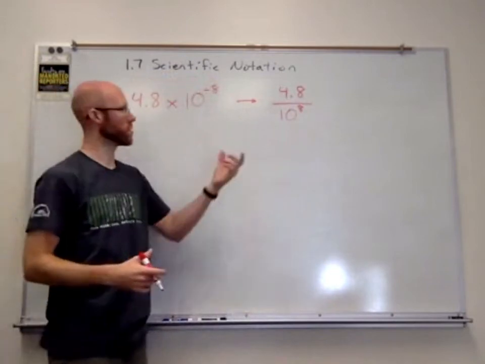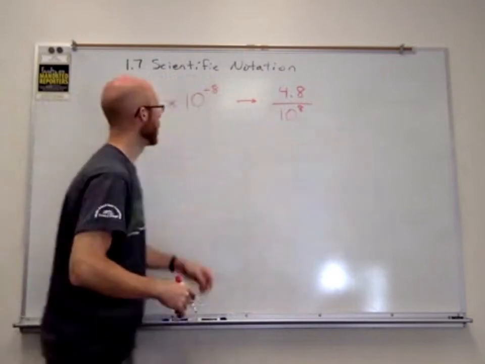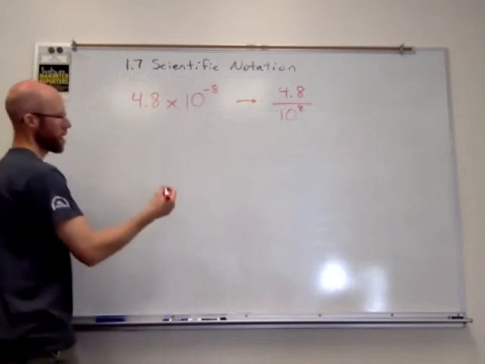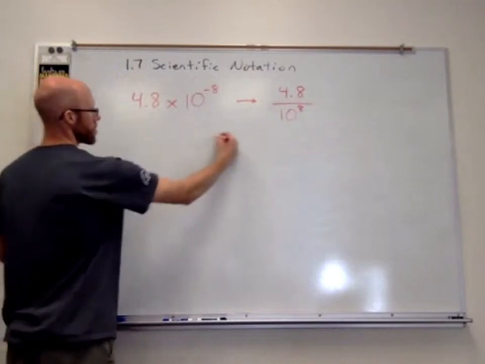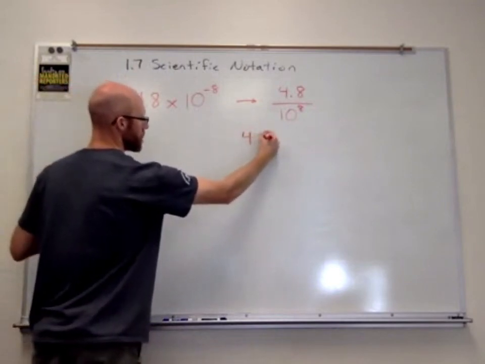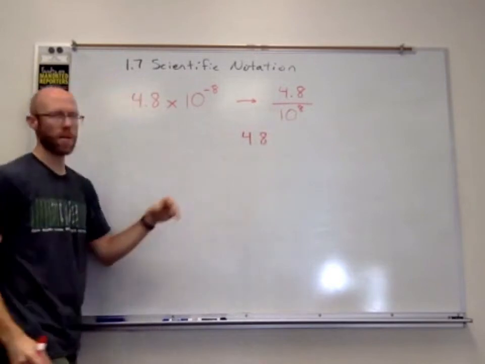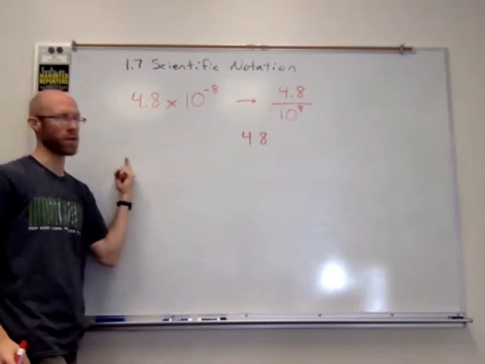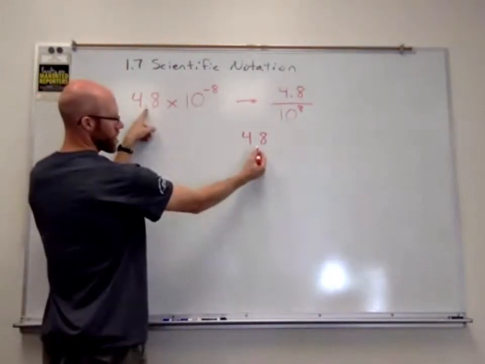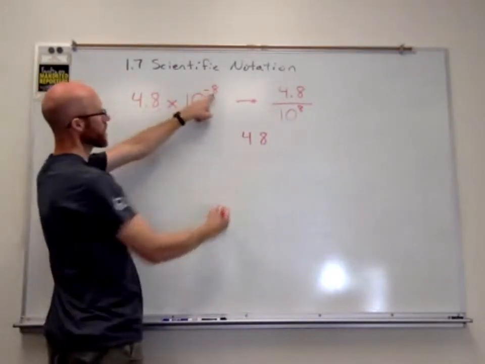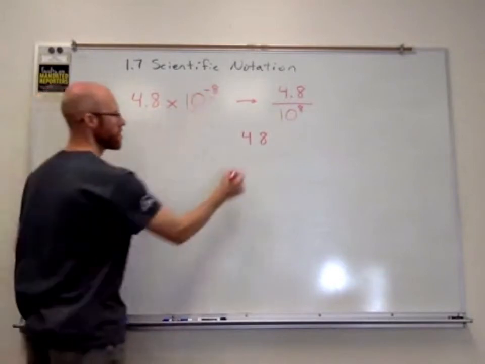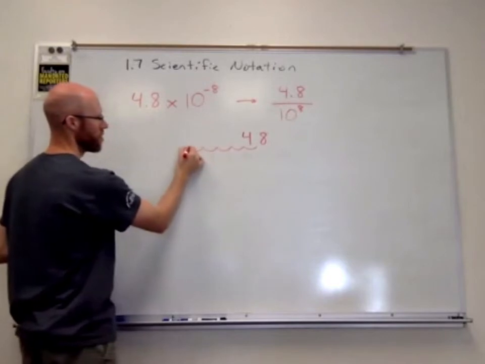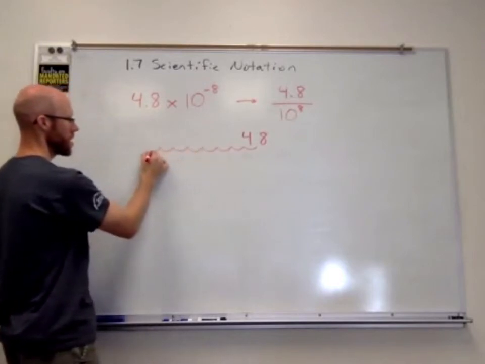So instead of writing all that out, we could move the decimal to put it back into standard form. So I'm going to put the 4 and the 8 over on the right because I know I need a decimal with a bunch of zeros in here. So I start with the decimal between the 4 and the 8, and I want to move it 8 times to the left. So it'd be 1, 2, 3, 4, 5, 6, 7, 8.